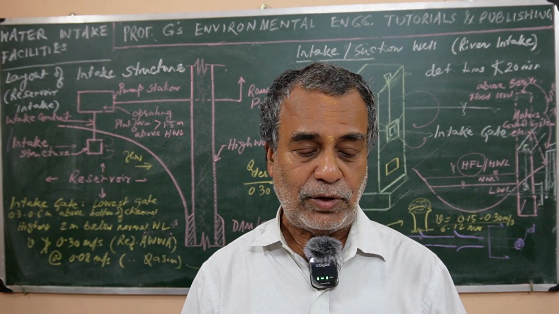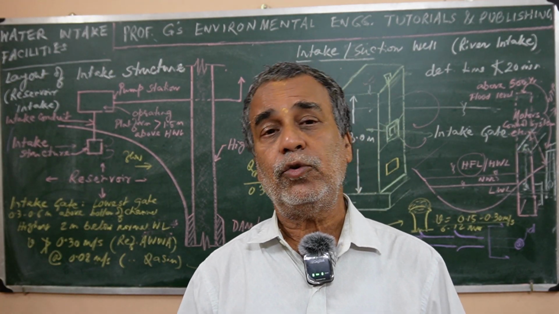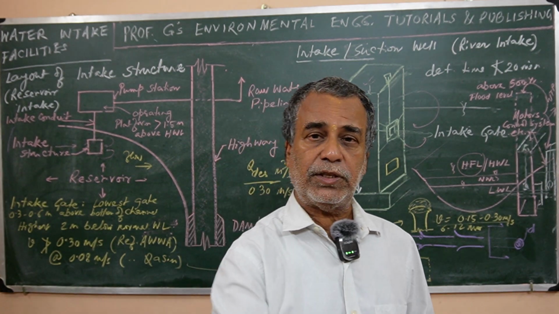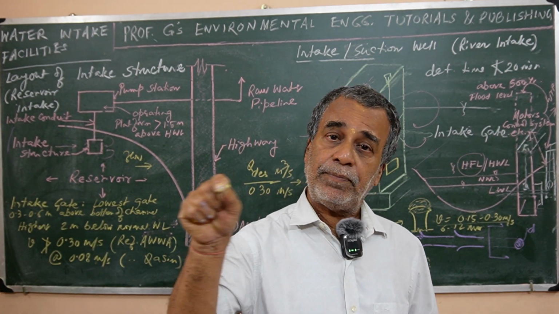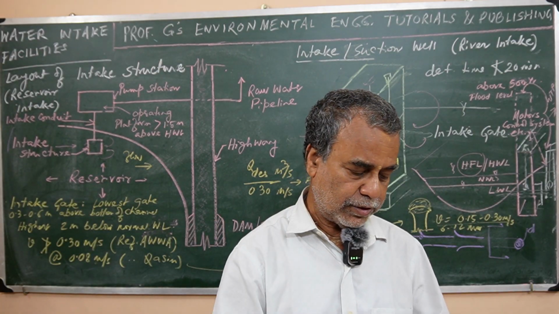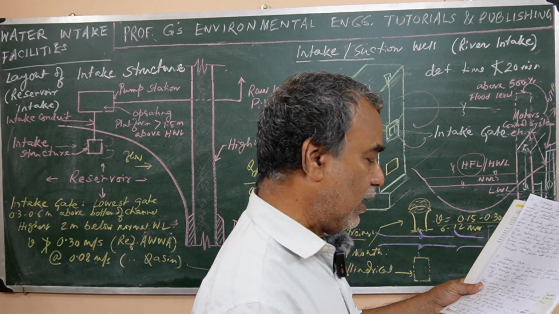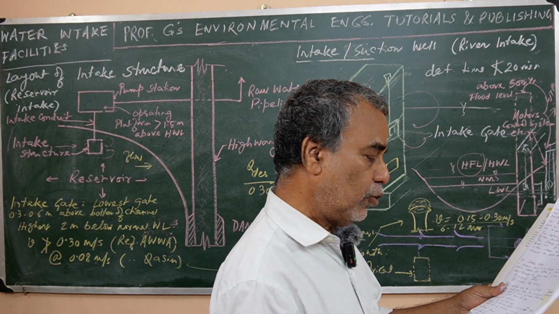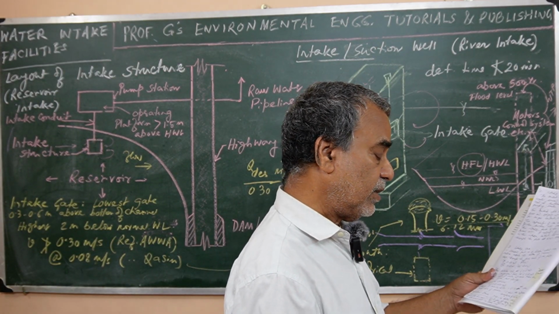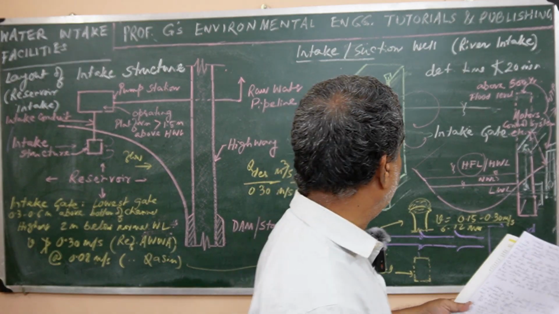So that proportion may be taken as 2 also. That means the gross area is to be calculated based on this guideline, that is 2 times the net area, or effective area, or opening area. Remember this, okay. And the cylindrical strainer should be 0.6 to 1 meter below the lowest water level.